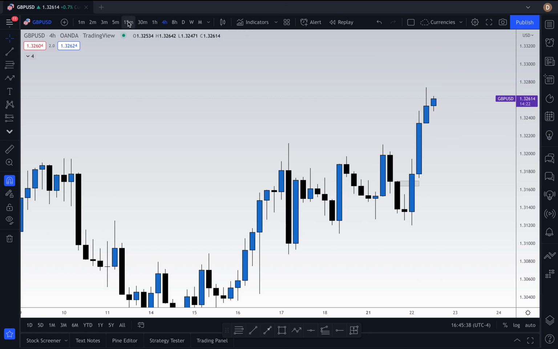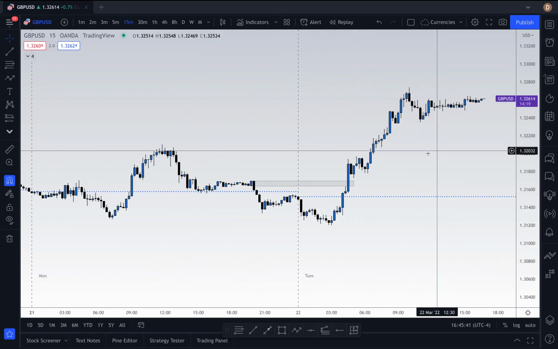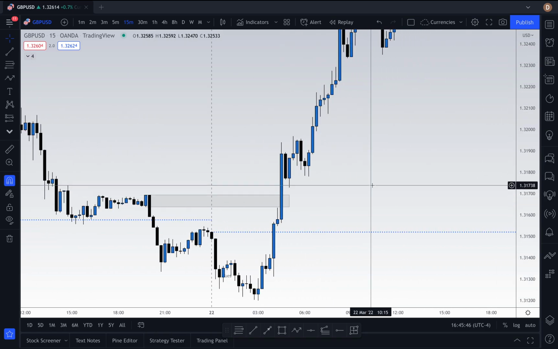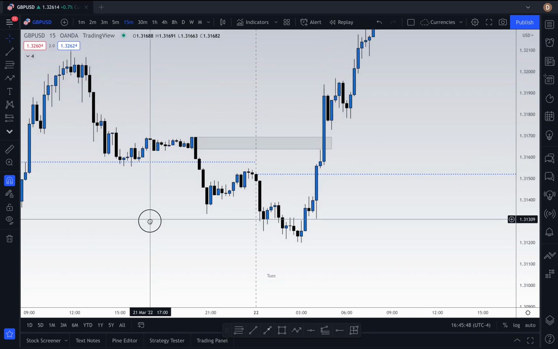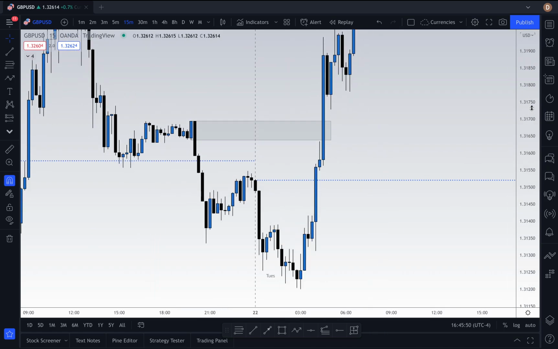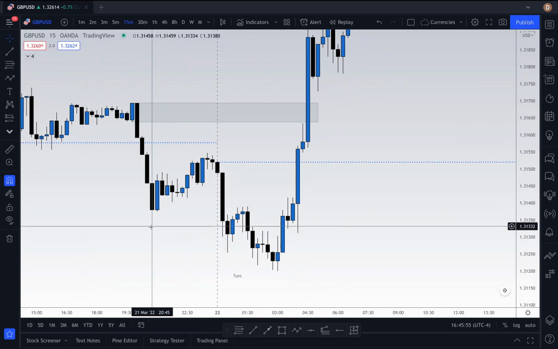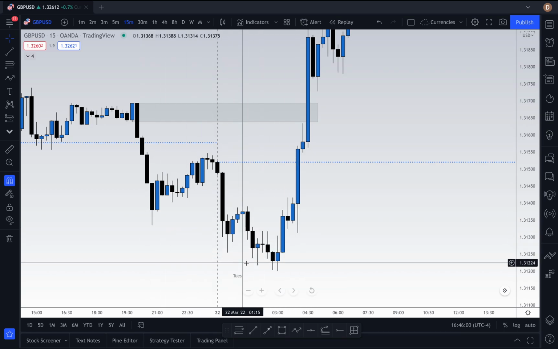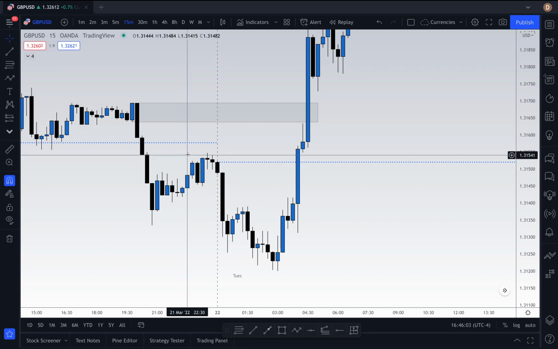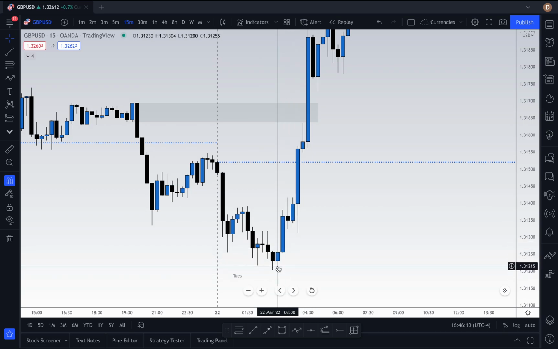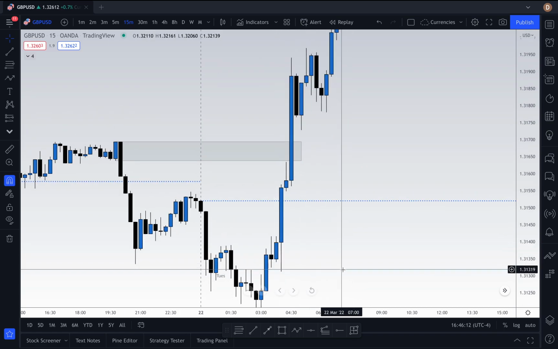If we go back to this example, another thing that I see here, without going into crazy extra explanation, is how the market makers took out sell side liquidity aggressively at the midnight hour to take out the Asian low. And during London, it made the low of the day.